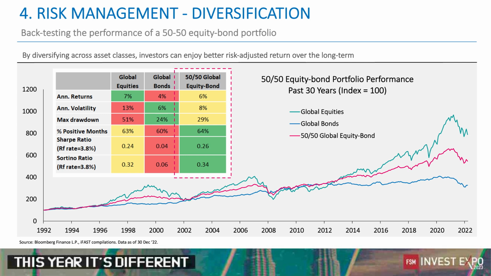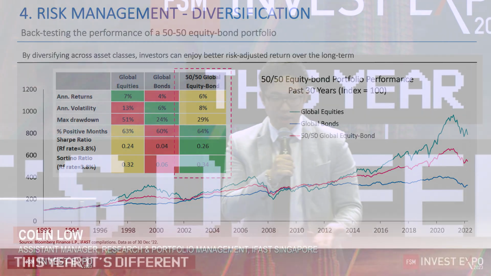As a result, it also enjoys a better risk-adjusted return, as shown by a higher Sharpe and Sortino ratio. And just as a bonus, this 50-50 portfolio saw more months with positive performance, as shown by the percentage of positive months right there. So based on this matrix, it scored really well.